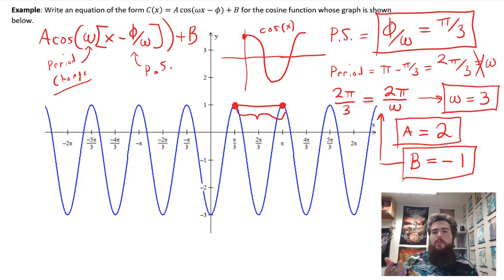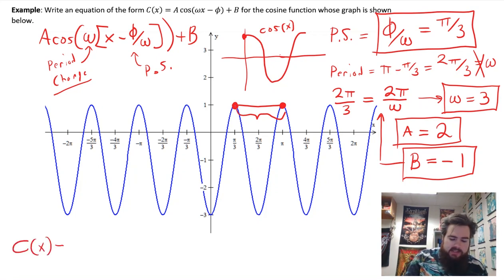One other note about omega. Yes, you can indicate the omega value where the period is a negative. That would just read it backwards. Typical convention, though, is to try to keep the period to be positive. So, using these values, we have, therefore, that c of x is equal to A, which is 2, times cosine of, if I'm using my adjusted function up here, omega is 3.